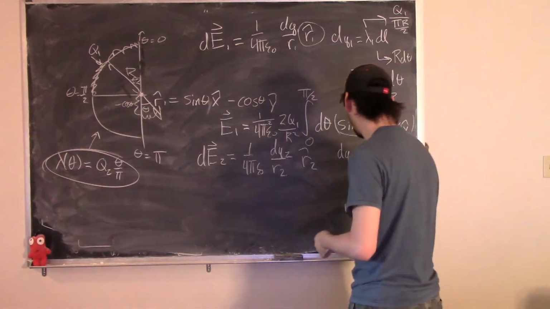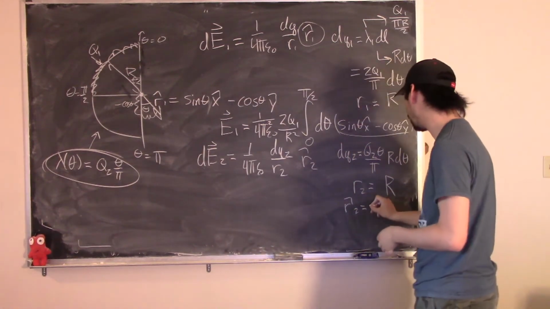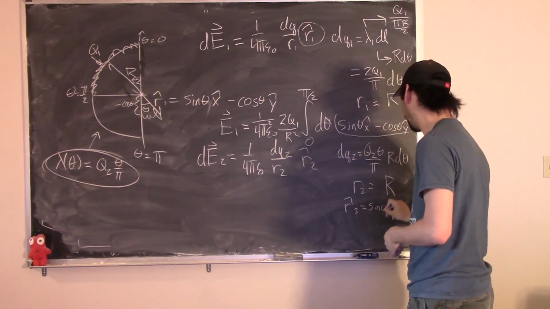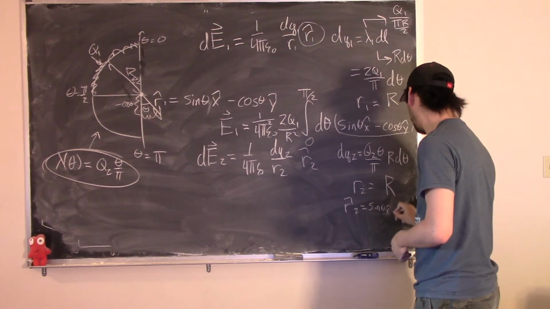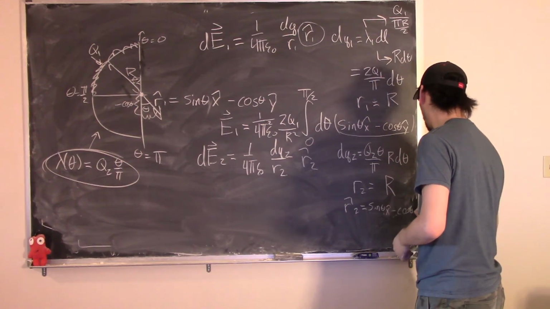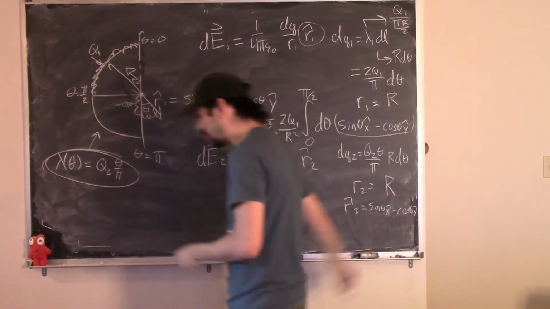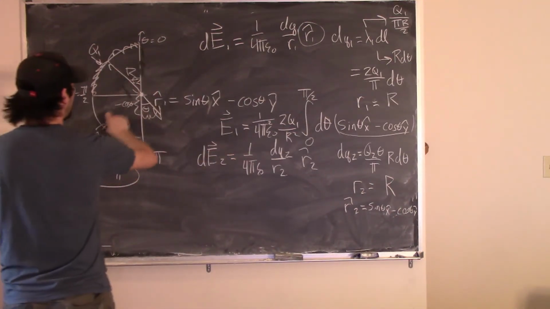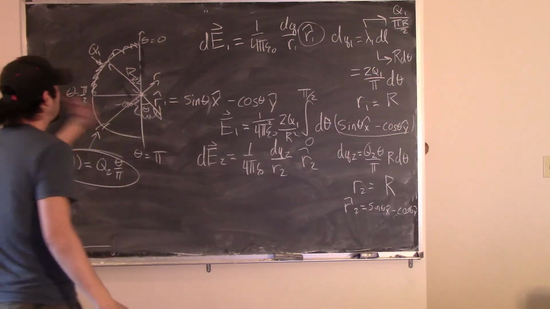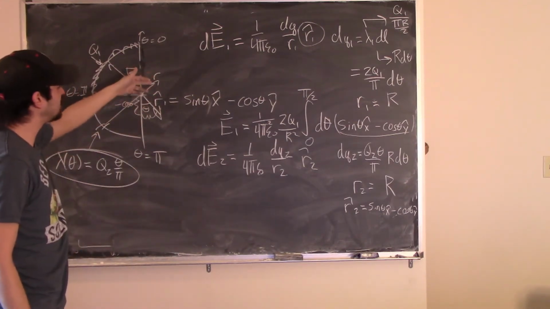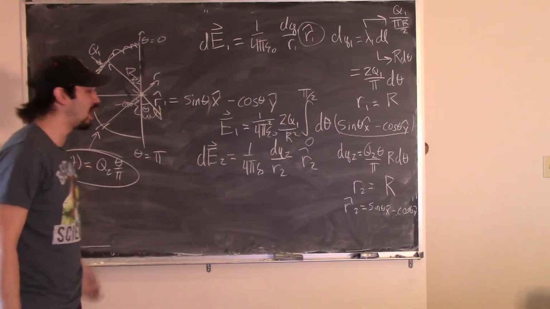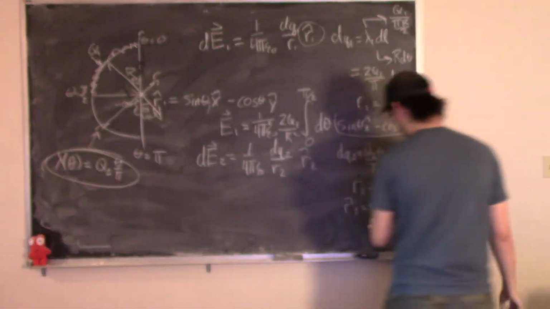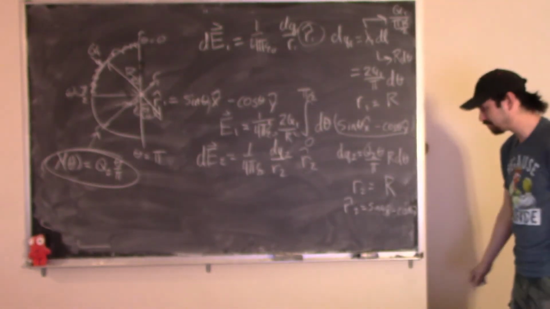So R hat 2 is equal to sine of theta x hat minus cosine of theta y hat. And this might seem strange to you because when I'm down here and I'm looking at this vector that points this way, shouldn't it have a positive x and a positive y? And the way that I have this written here, I have a positive x and a negative y.